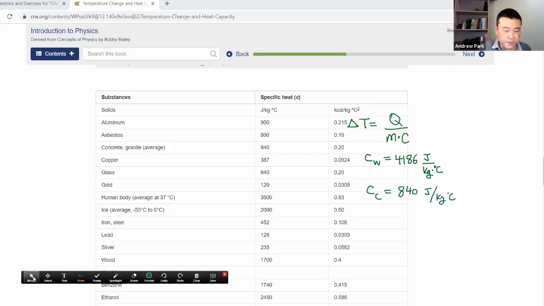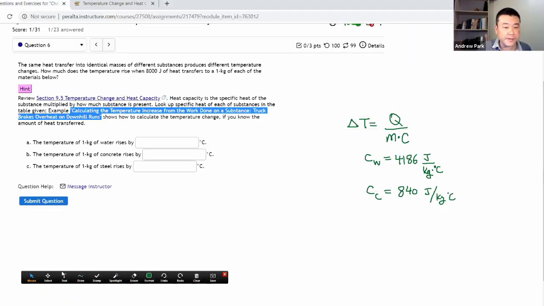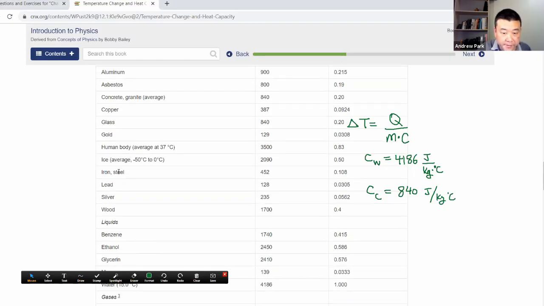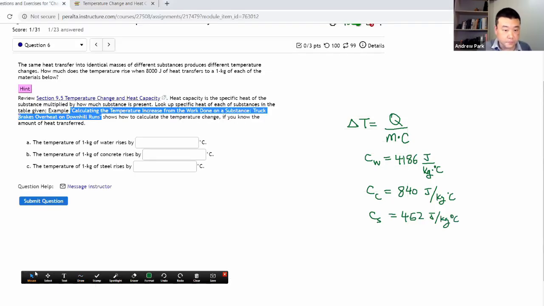I don't know if I remember the last one. Was it steel or aluminum? Steel, okay. So, here it is, iron, steel, 452. So specific heat of steel is equal to 452 joule per kilogram degrees C. All right, so all I need to do is plug in the numbers.